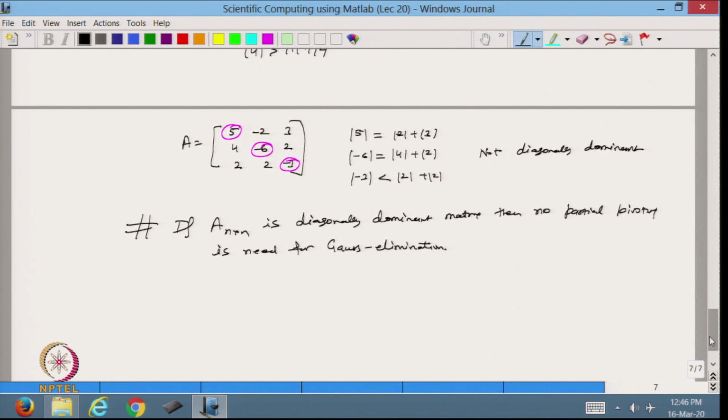So, in that case there is no need of doing the partial pivoting for applying the Gauss elimination method.